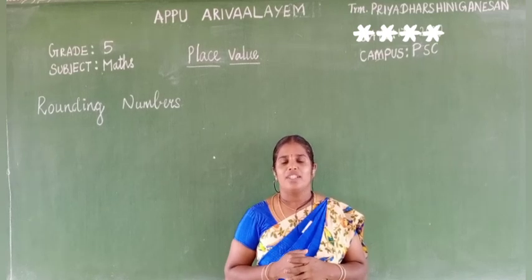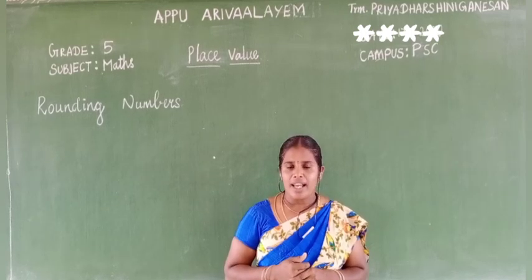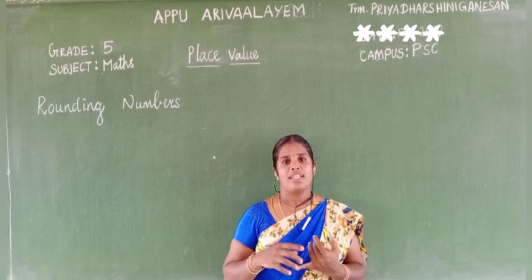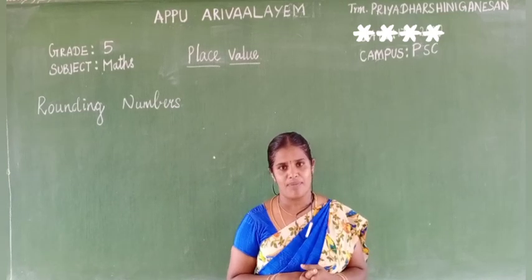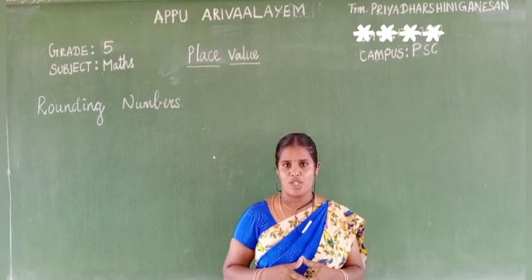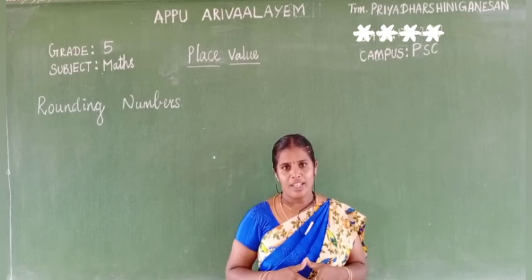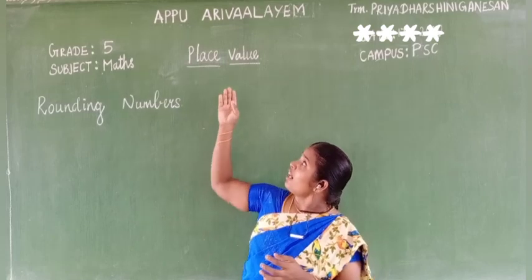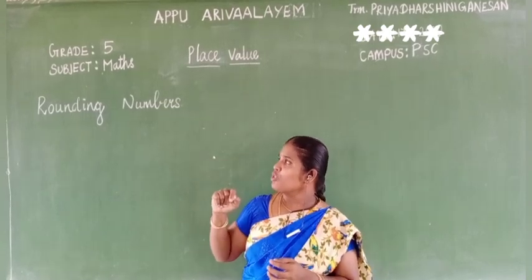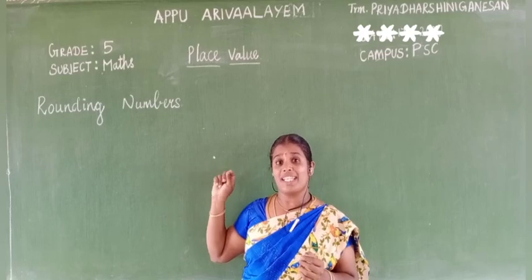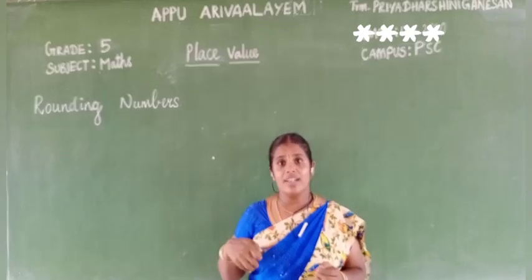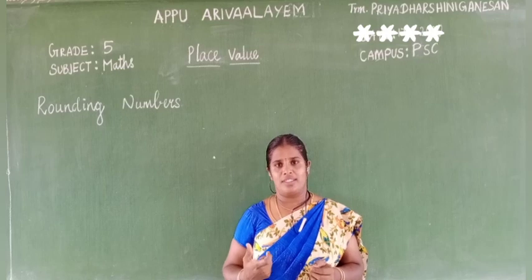In the last class we learnt the comparison of the Indian and international place value system and estimation, under the chapter place value. Today we are going to learn rounding of numbers to the nearest 100 and 1000.